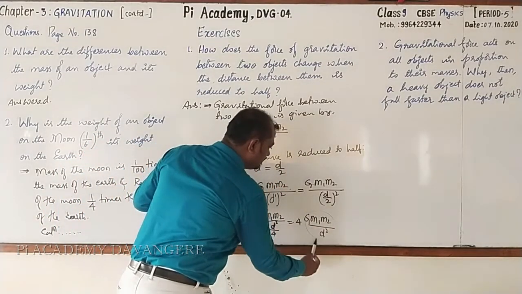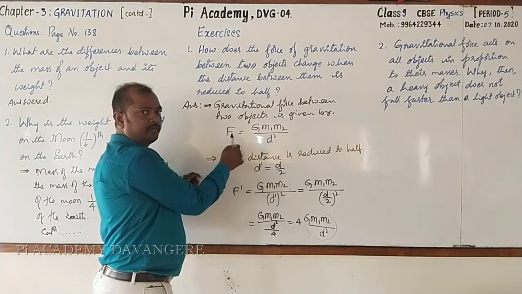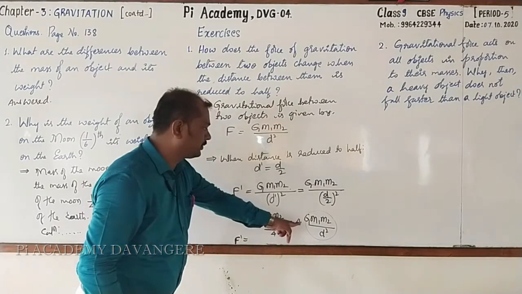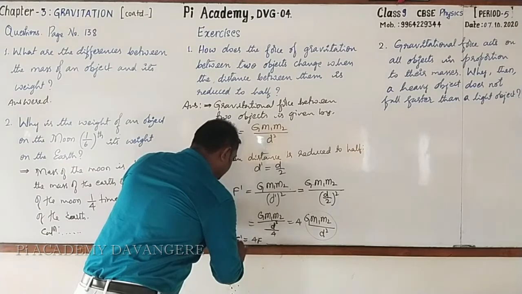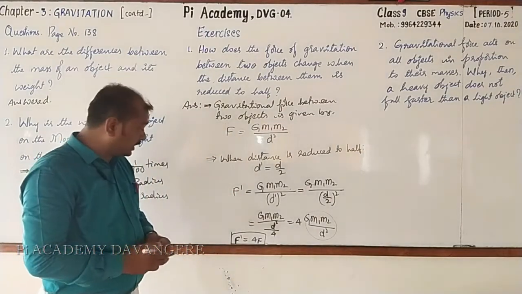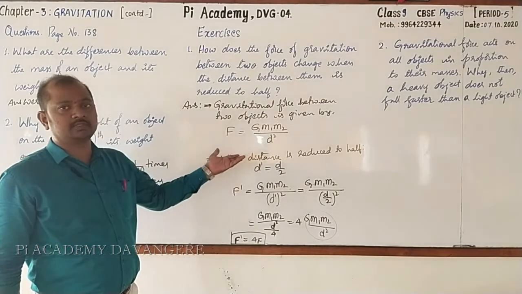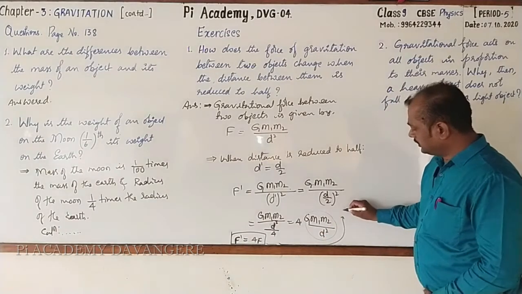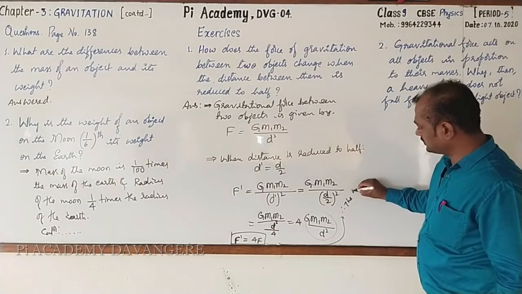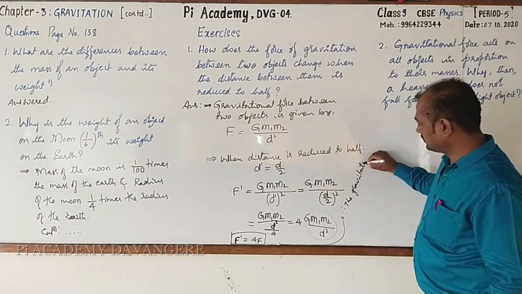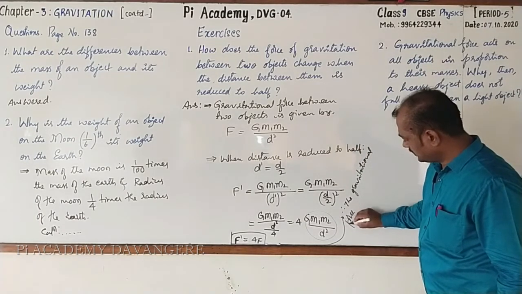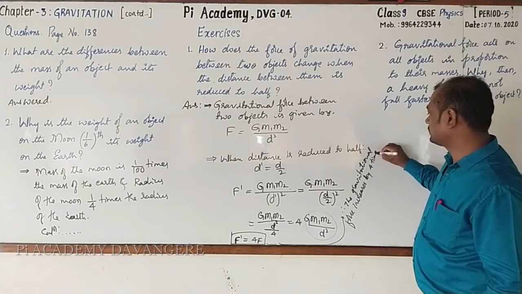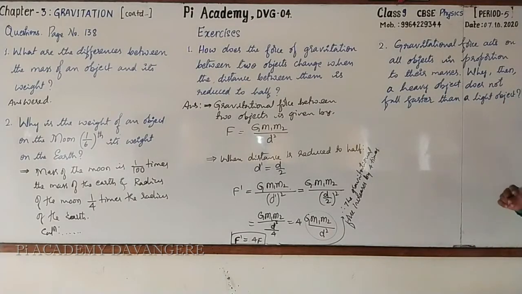Then what is G m1 m2 by d square? It is F, right? Now here F dash is equal to 4 into F. The new gravitational force will be 4 times more than the actual gravitational force. Clear? So here we can write that therefore, the gravitational force increases by 4 times. Followed? Hope that you have understood.